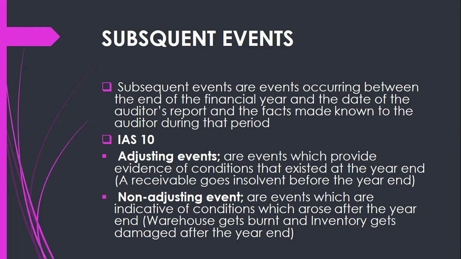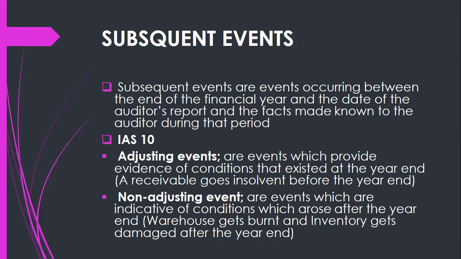And all the information and facts that are made known to the auditor in that period also encompass the subsequent events. So we need to look at IAS 10. What does IAS 10 talk about, right? IAS 10 talks about events after the reporting period, right? And it classifies those events into two.